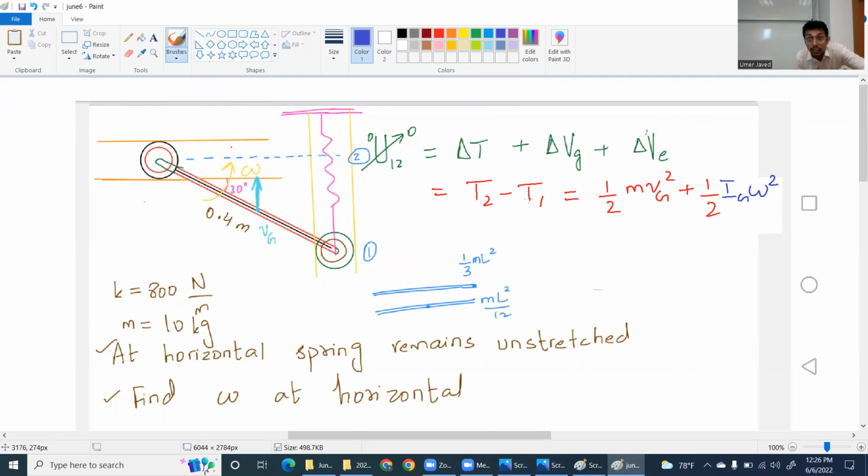Minus, what is the value of T1? It is 0, because that is what the question said. This is my state 1, this is my state 2.